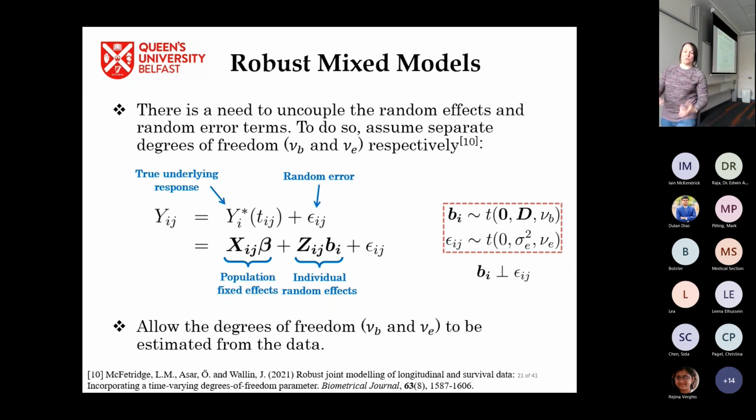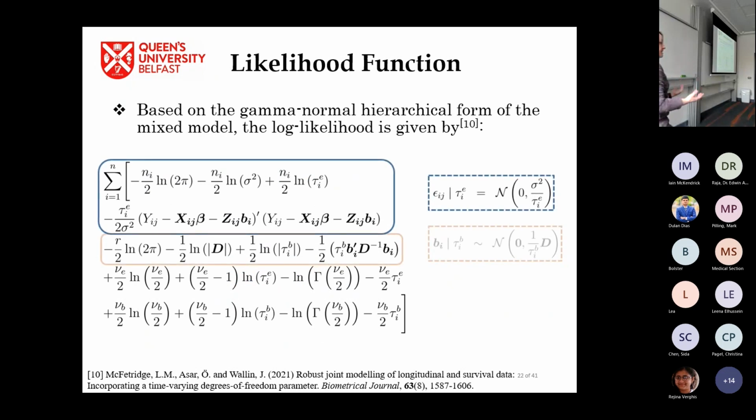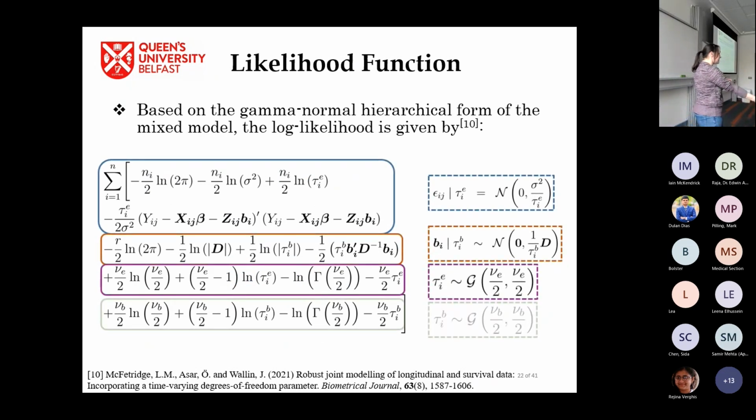Obviously, though, once we increase our flexibility, we increase the complexity of the model. So in the background, whenever we're looking at our log likelihood approaches, we're increasing the log likelihood that we're looking at. Just to give you an idea, the top two boxes are what we would typically have whenever we're looking at a standard mixed effects approach.